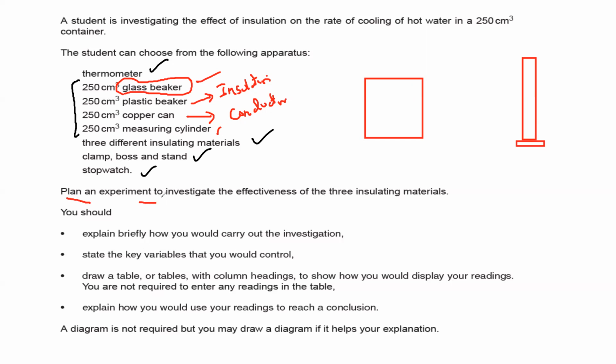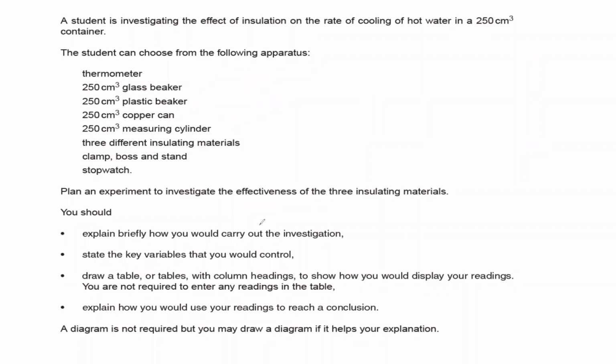The question is, plan an experiment to investigate the effectiveness of the three insulating materials. Explain how you would carry out the investigation. How will you do this experiment? It is the same as the previous experiment, so I'm writing it here because of the space.